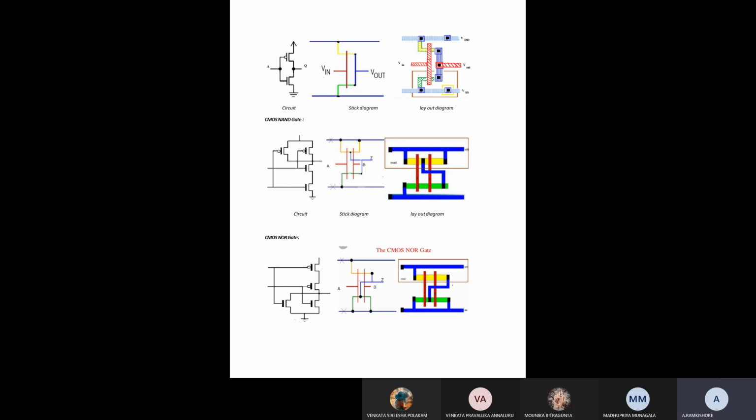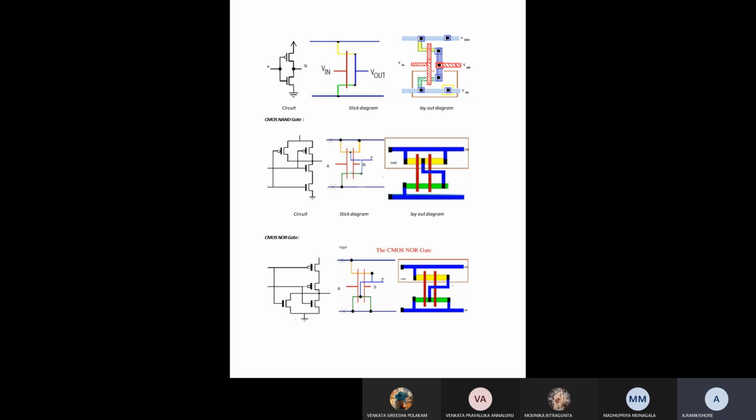In between, for those two diffusions to work as transistors, we give a polysilicon connection.